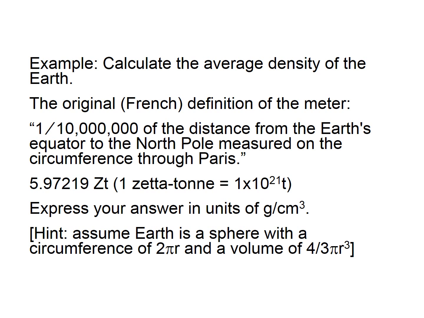That is the same as 40 million, and that is equal to 2 pi r. The circumference of a circle is 2 pi r. So we could rearrange that equation to work out r, it's that divided by 2 pi.